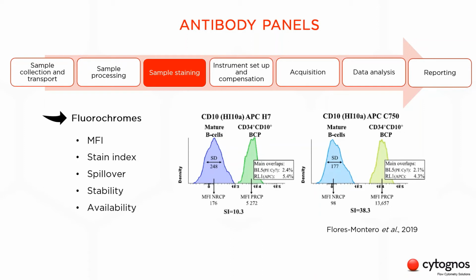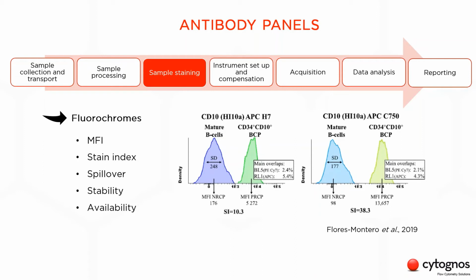For building leukemia, lymphoma, and myeloma panels, the EuroFlow tested a large number of fluorochromes and antibody clones, and they selected the fluorochromes based on the MFI, the stain index, the spillover, the stability, and the availability.